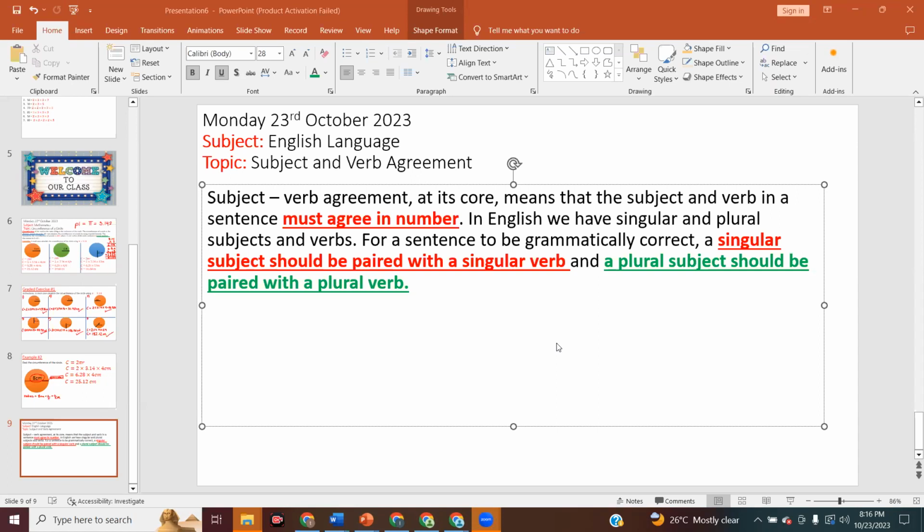All right. By the way, this is where most students don't understand it. A lot of you think that just because a word ends with S or ES, that makes it plural. That is not the case for verbs. For example, someone said looks.